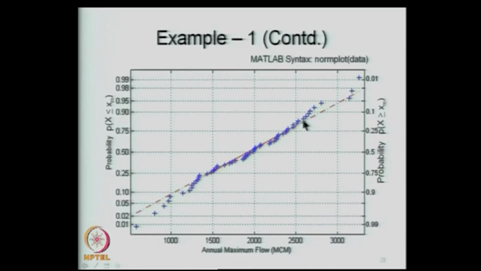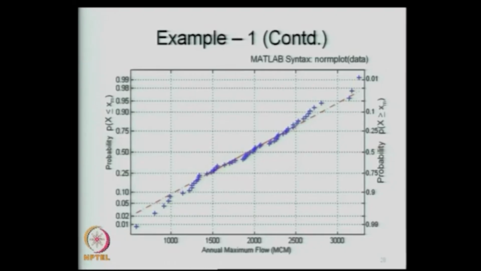As you can see, in the central region of the plot, most of the data are very close to the straight line. As you go near the extremes, for example, these points here, the departures are quite significant. So, if you are interested in the central region, we can reasonably assume that this follows a normal distribution.